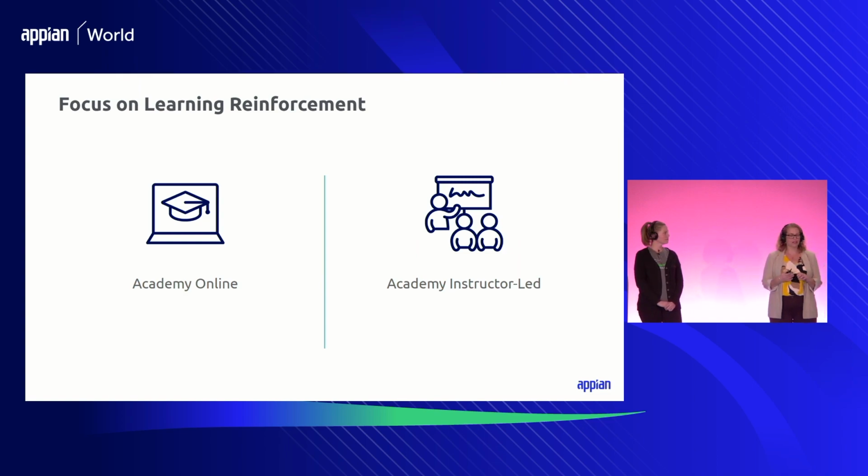This helps create a more dynamic experience, obviously, but it also ensures the more complex topics are really understood because they have the opportunity to ask the instructor more questions.